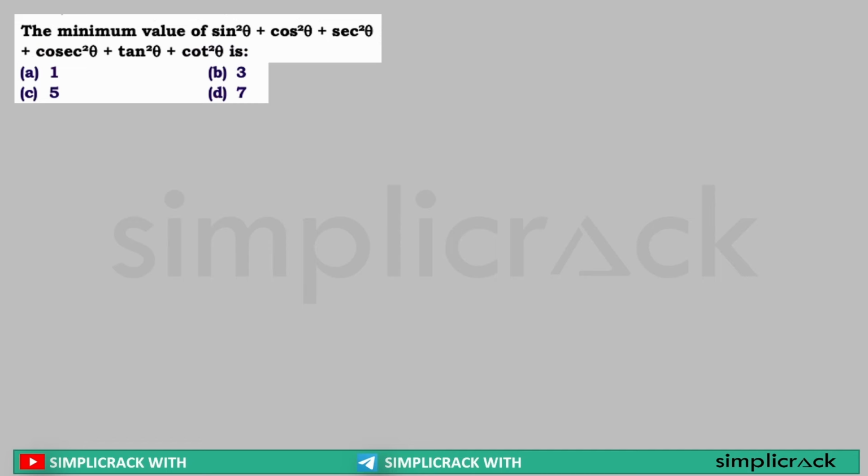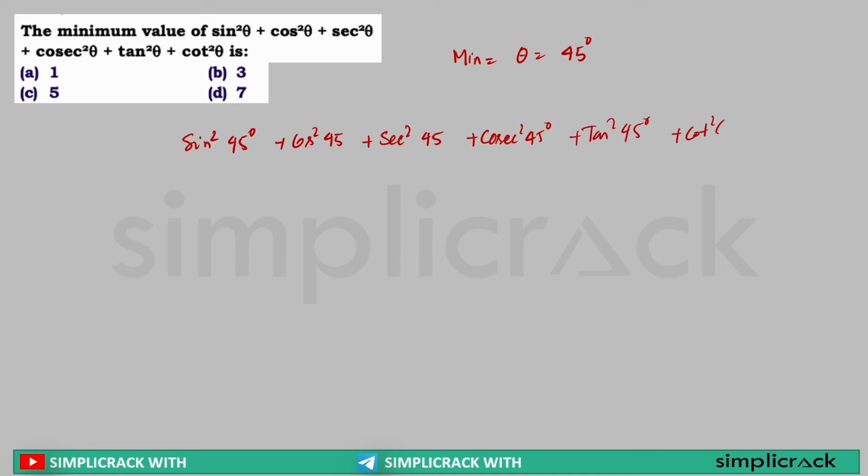Now it is asking what the minimum value is. What I have told you is that the minimum value is always attained at theta equal to 45 degrees. So sin square 45 degree plus cos square 45 degree plus sec square 45 degree plus cosec square 45 degree plus tan square 45 degree plus cot square 45 degree.